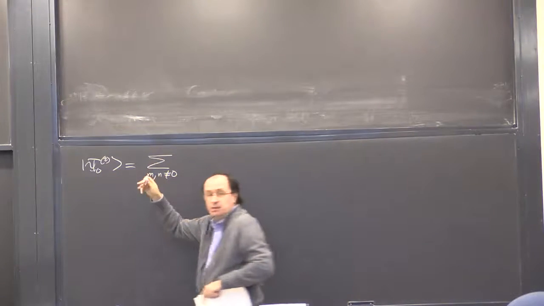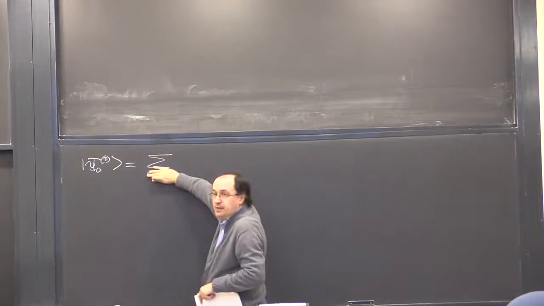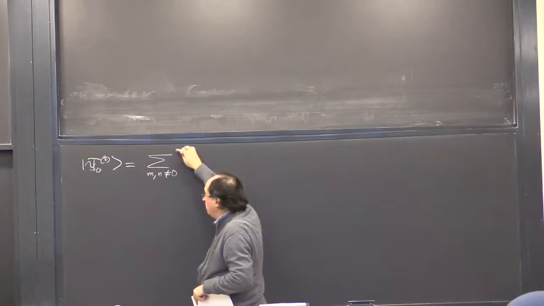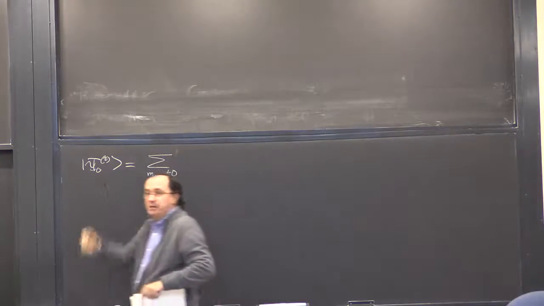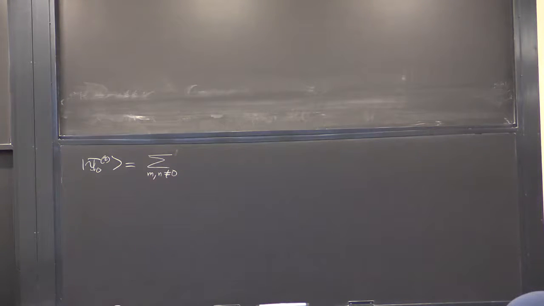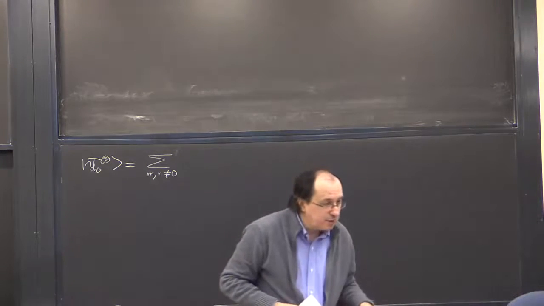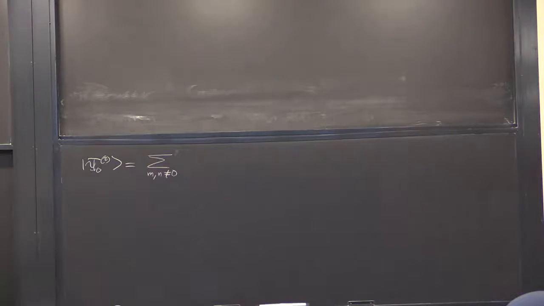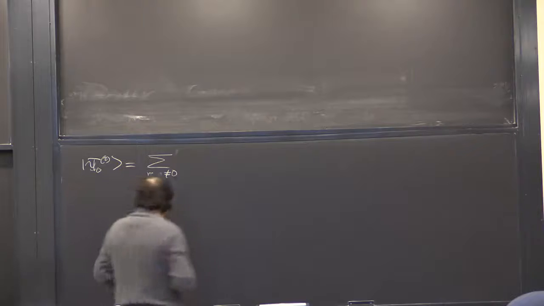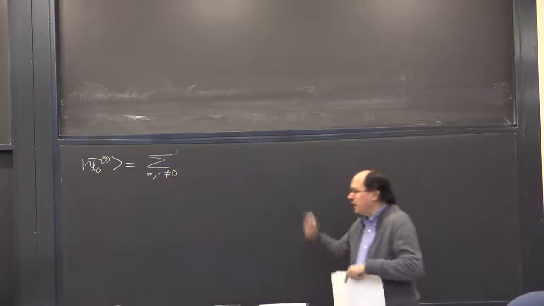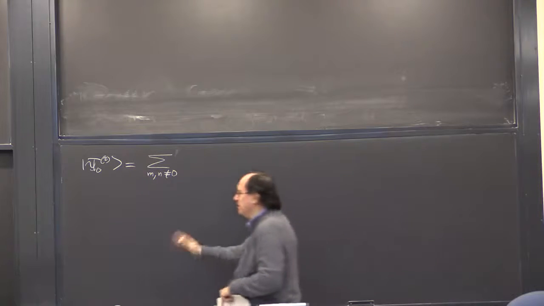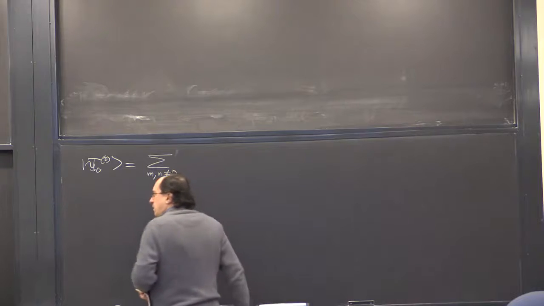In some books, people don't write different than 0; they put a prime on the summation, trying to tell you to avoid m, n equals 0. I'm not going to do this, but certainly we could. I don't want to introduce yet another symbol for no apparent reason.